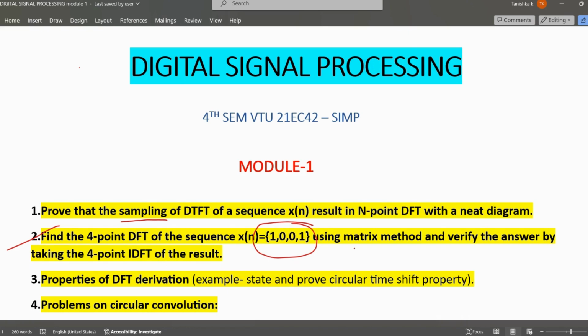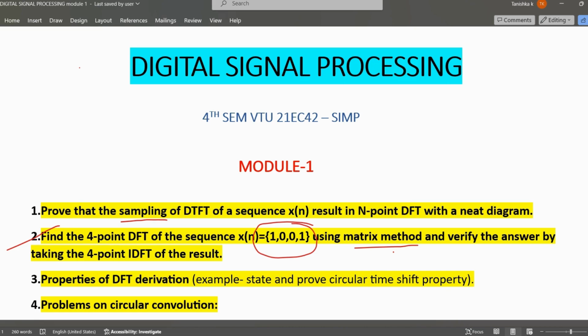Here they have mentioned that you have to find the 4-point DFT of the sequence using the matrix method. So you must see this properly: if they mention that you have to find the 4-point DFT of the sequence using a particular method, then you have to solve the question using that specified method only.